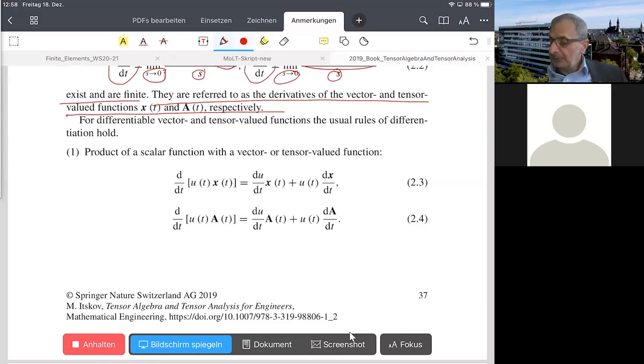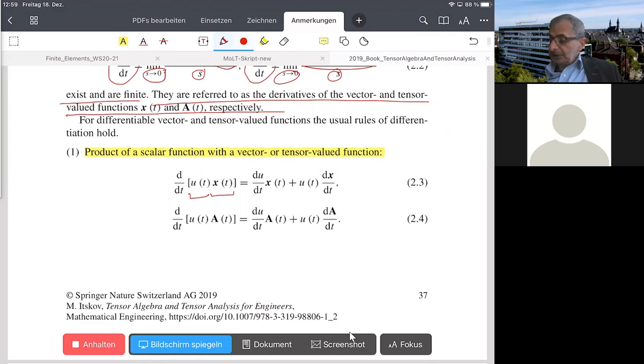So, for example, first rule is the product rule of a scalar function with a vector or tensor valued function. Just imagine that we have our vector valued function x, but we multiply it by the scalar valued function u at t, and then we take the derivative with respect to t. So the usual product rule of differentiation is applied here.